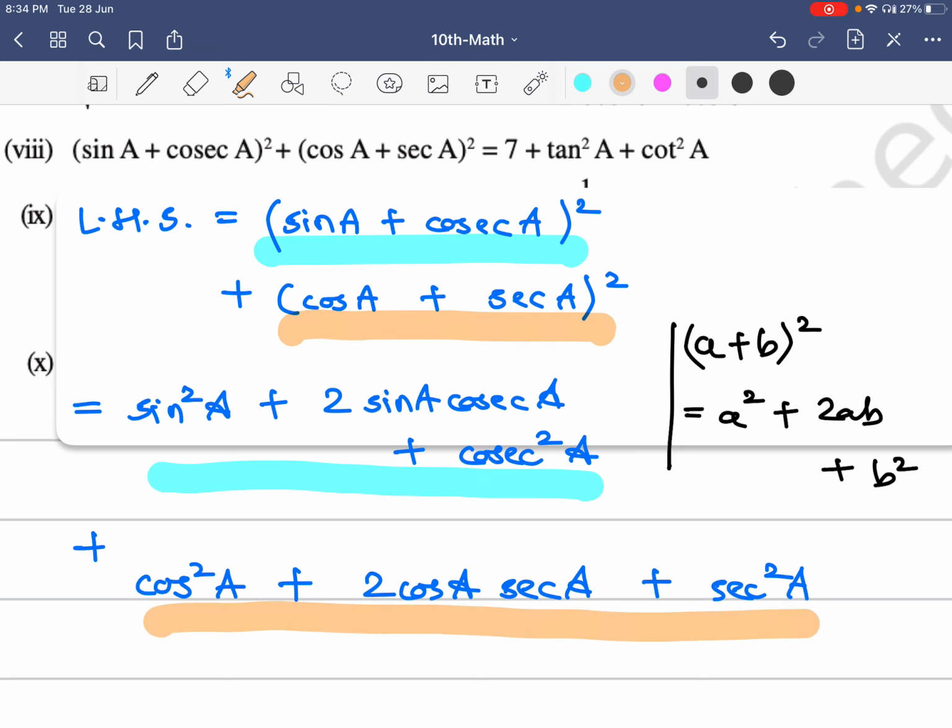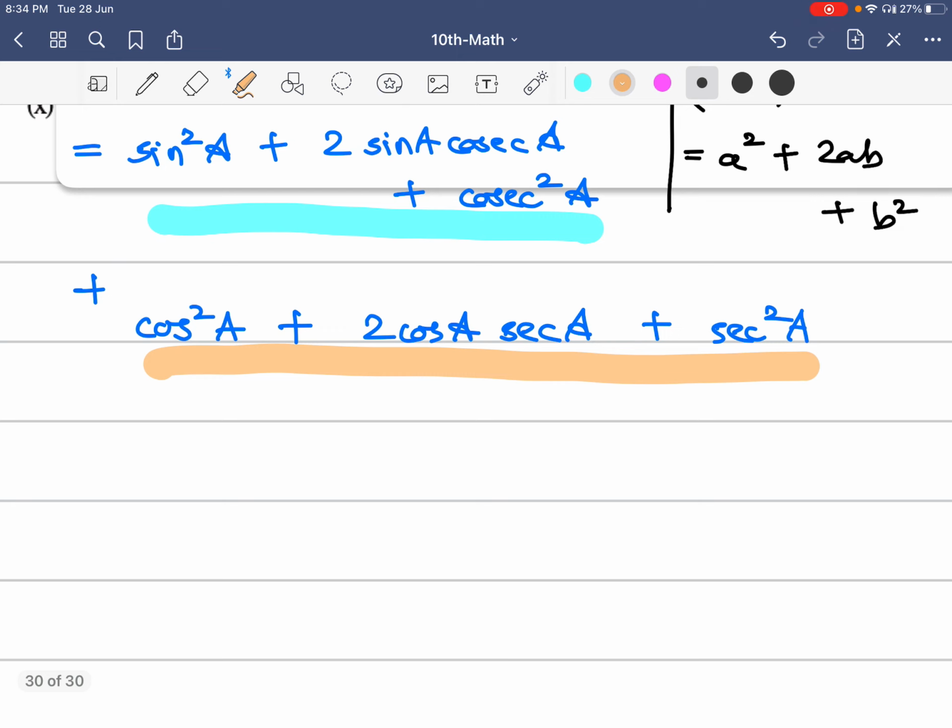Now very clearly we can see that sin square A plus cos square A is going to be equal to 1.